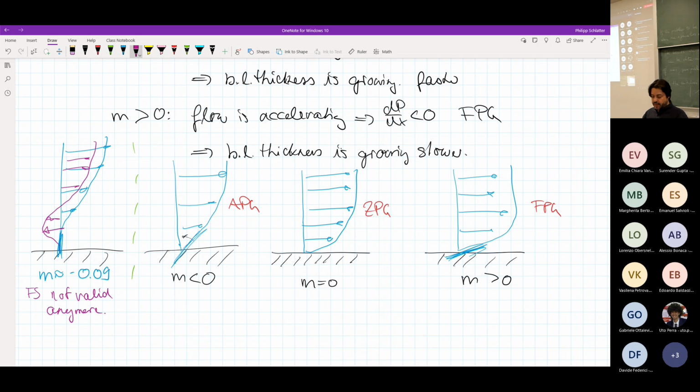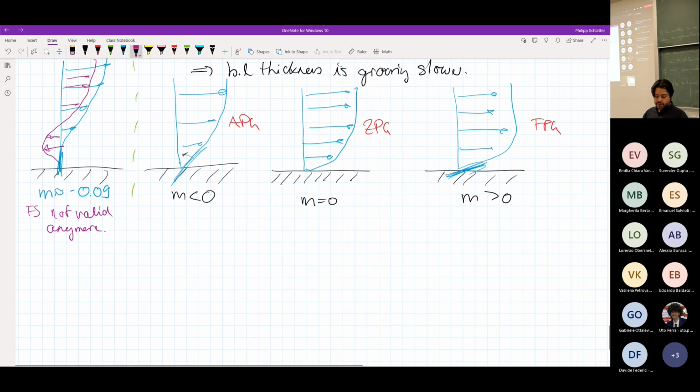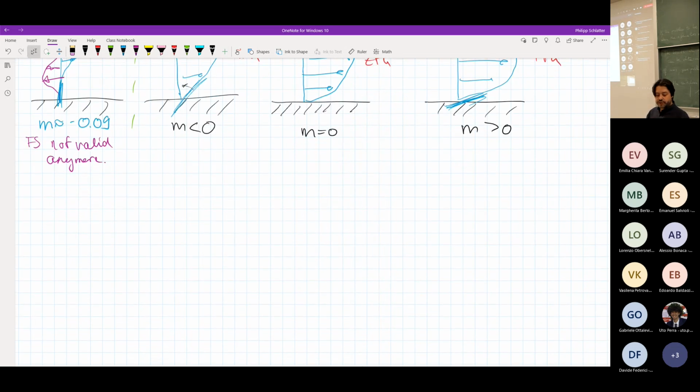Okay, let's do 2 examples for this, just to illustrate whether this is actually useful or not. I would like to show you 3 or 2.5 different cases where we can already now draw some quite interesting conclusions.